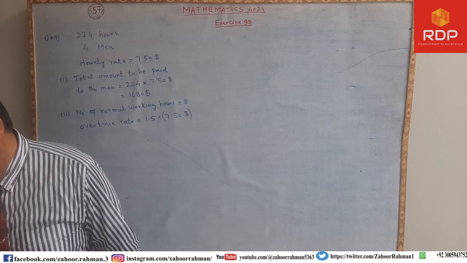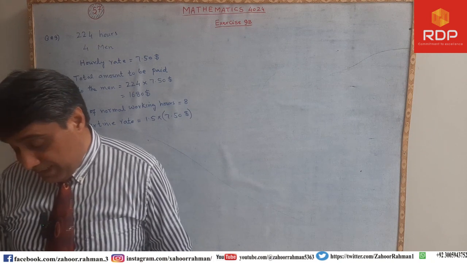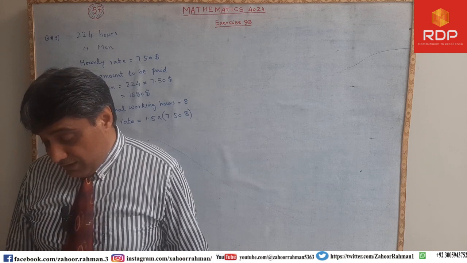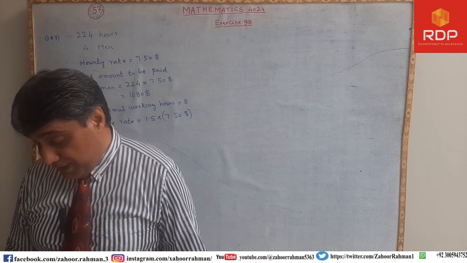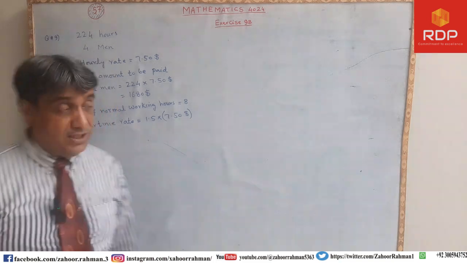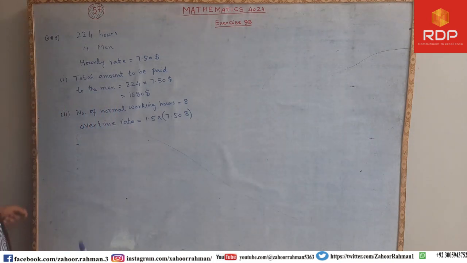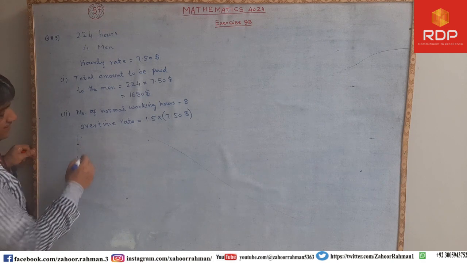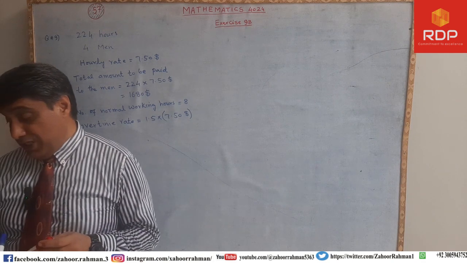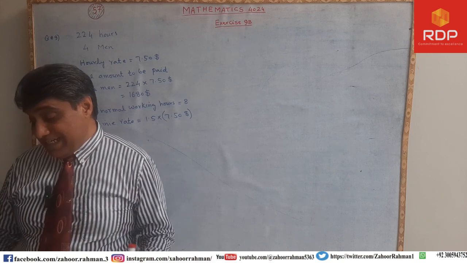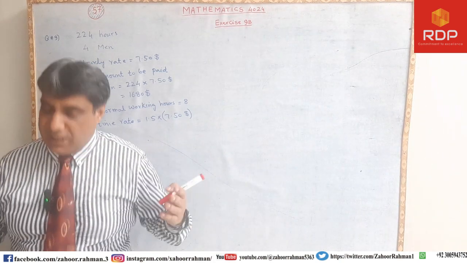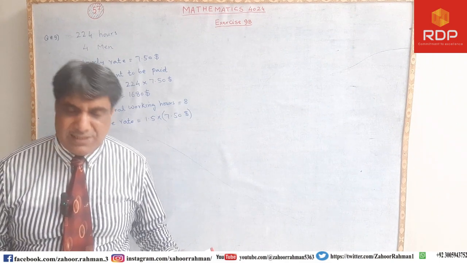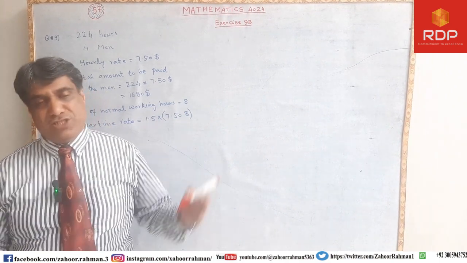Find the total amount to be paid to the four men if the project is to be completed in 4 days. So in this time, first we have to find how many overtime hours. We don't know it in advance, so algebra says suppose it to be x.